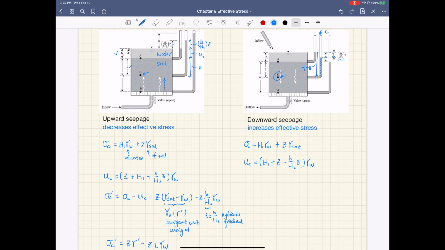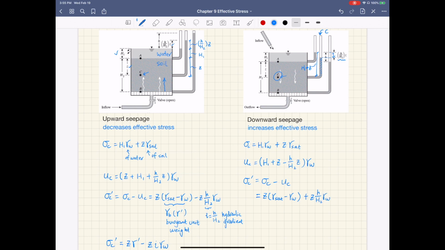Finally, similar to the upward case, the effective stress sigma C prime is the difference between total stress sigma C minus pore pressure u C. If you substitute sigma C and u C into this effective stress equation, you get z times (gamma saturated minus gamma water) plus z times h over h2 times gamma water.